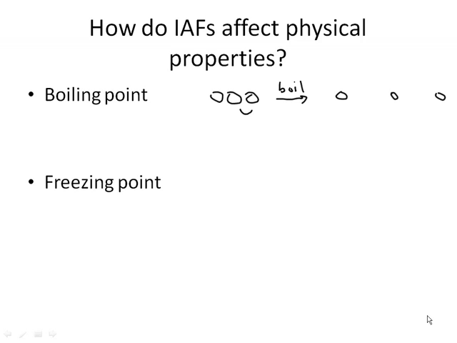So whatever intermolecular attractive force there is between molecules, we have to put enough energy in to overcome them to force them to be apart over here. So if I have high intermolecular attractive forces, then the molecules really like each other, which means I have to put a lot of energy in to force them to be separated. That results in a high boiling point.